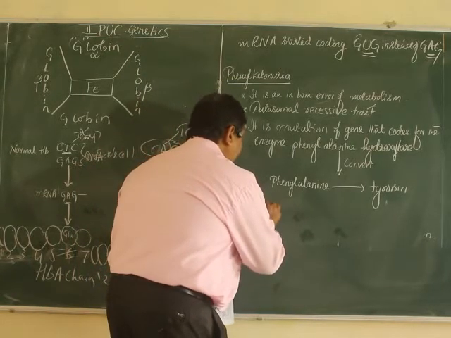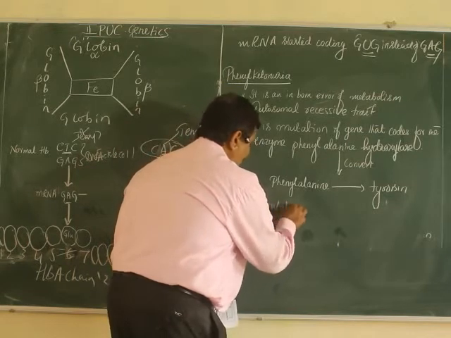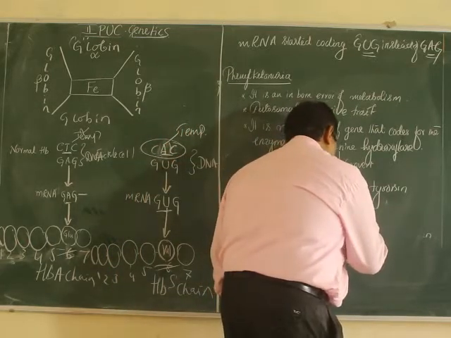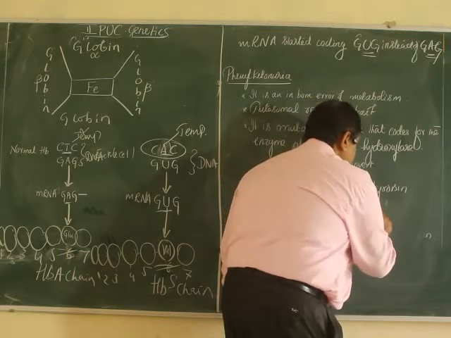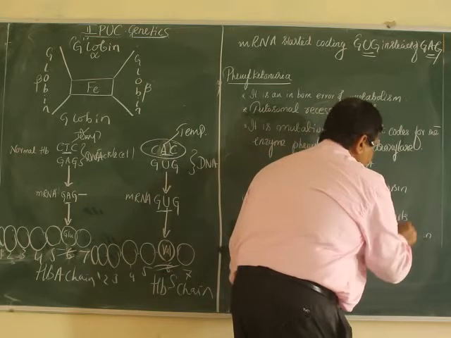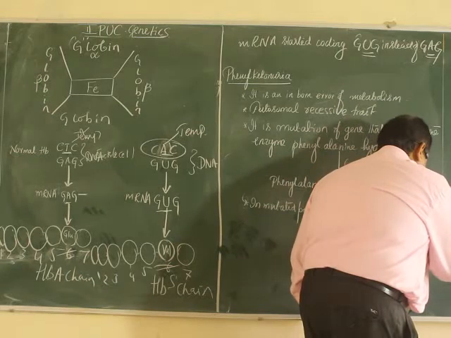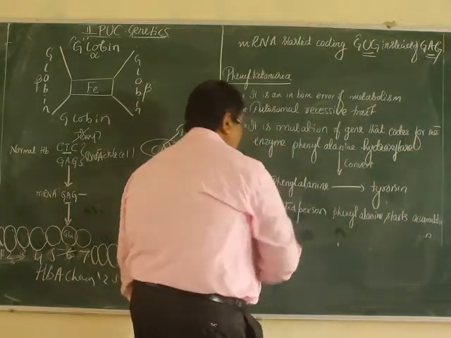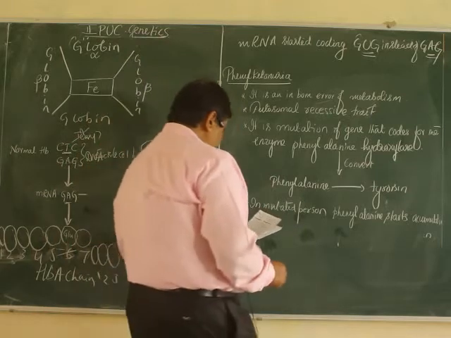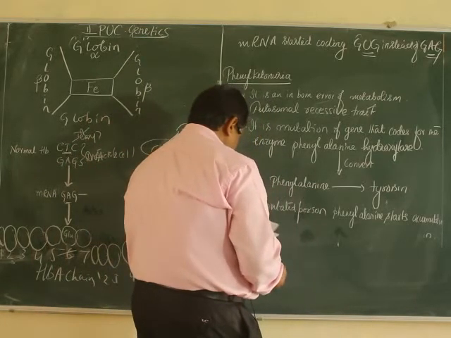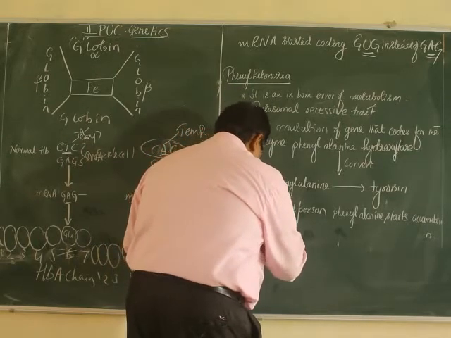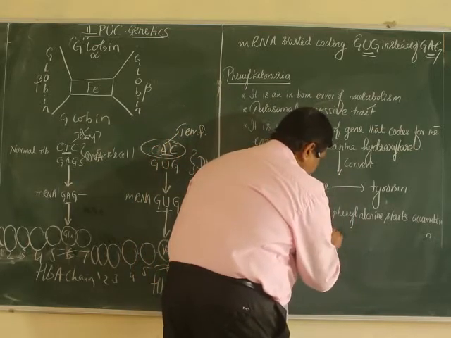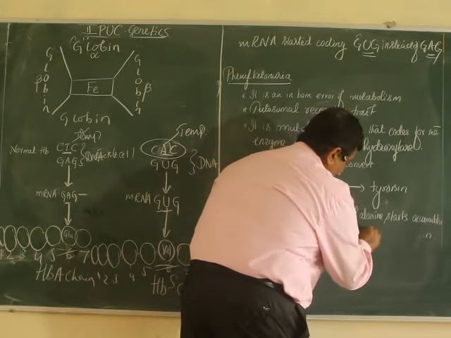In the mutated person, phenylalanine starts accumulating in cells as phenylpyruvic acid.